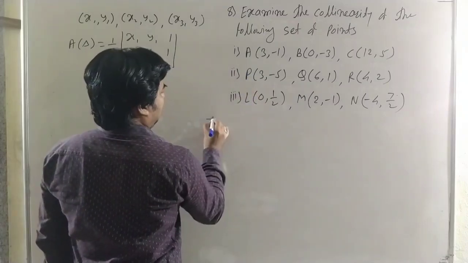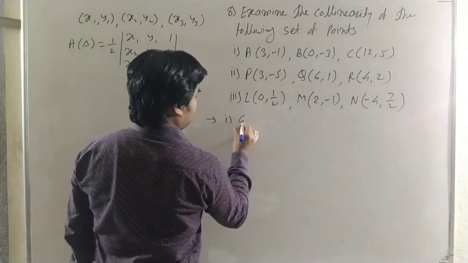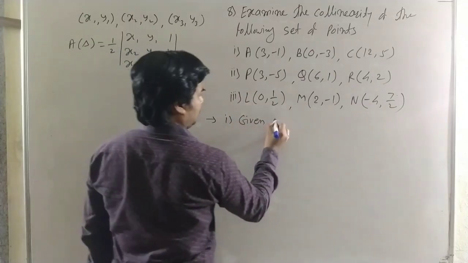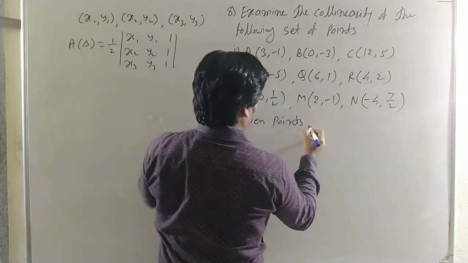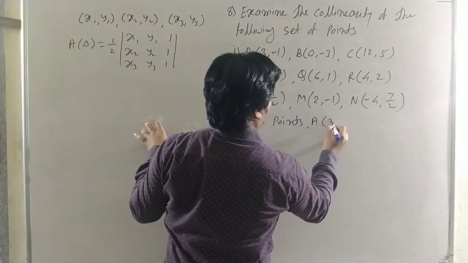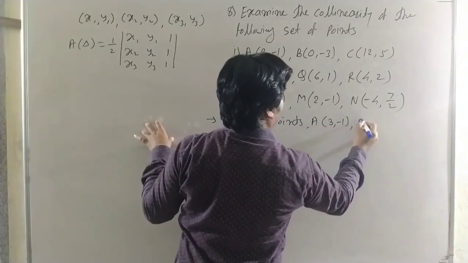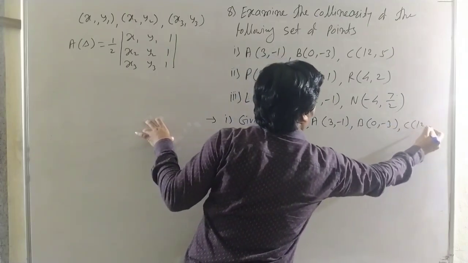Here, the first example, the given points are A (3, -1), B (0, -3), and C (12, 5).